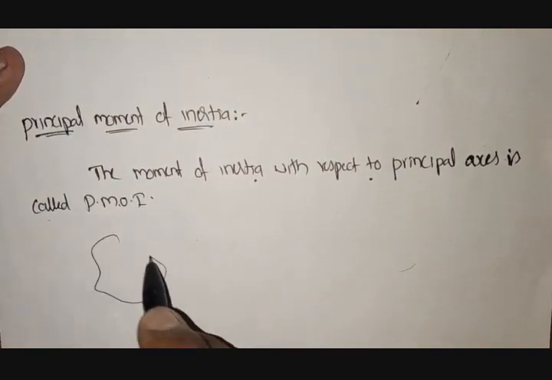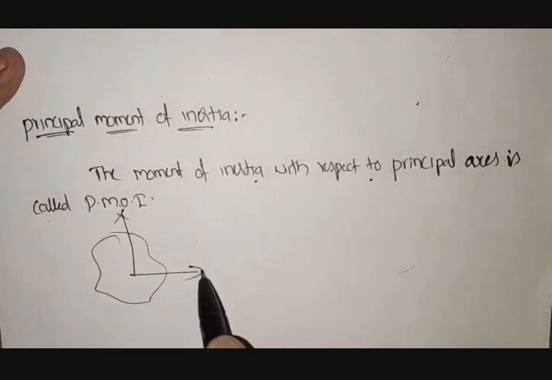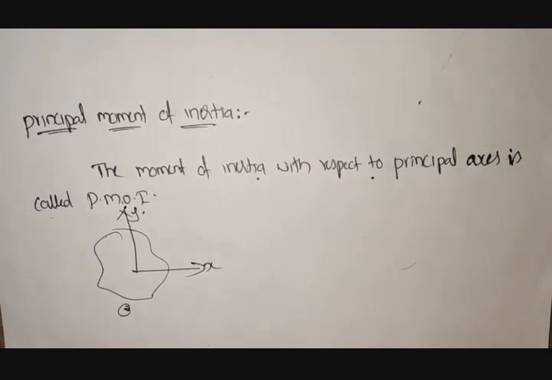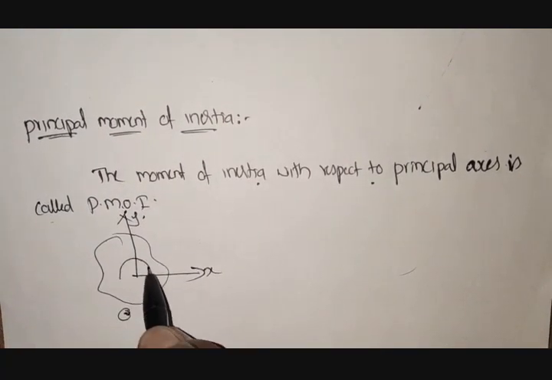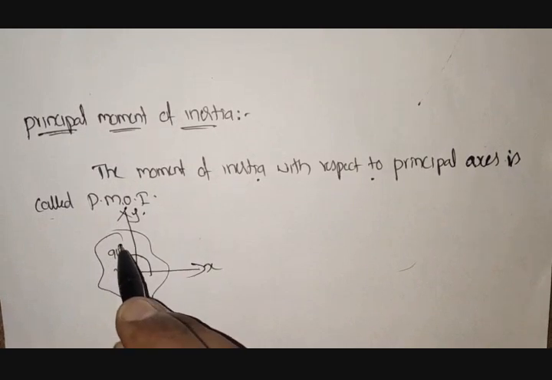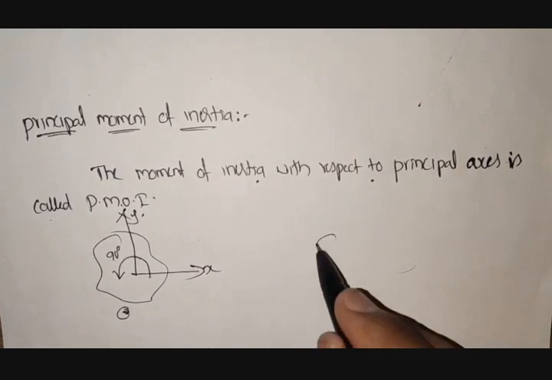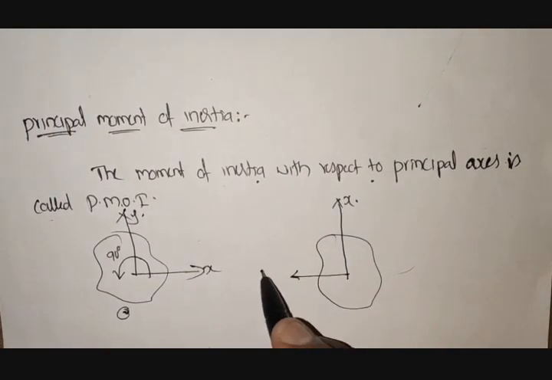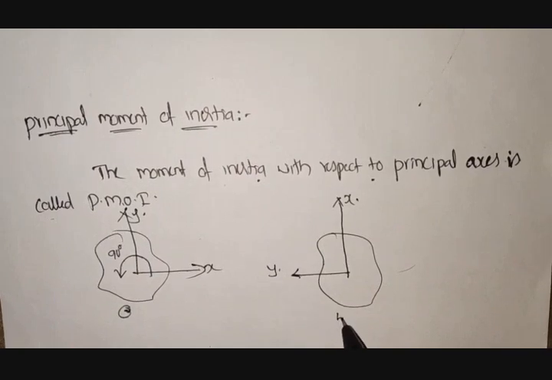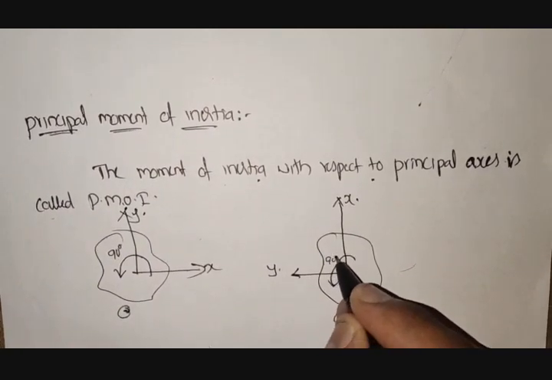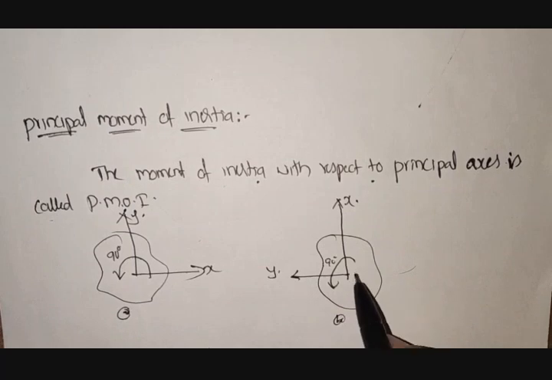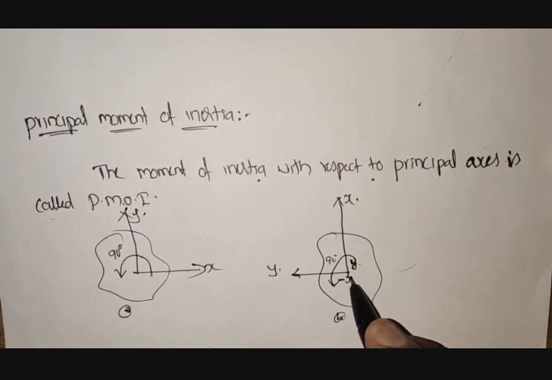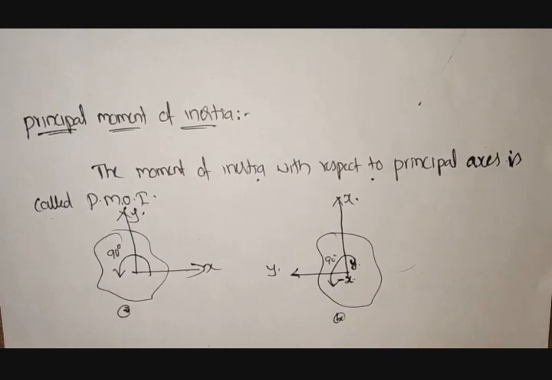The same x and y conditions I am going to take. This is the figure. Now I am going to rotate this figure by 90 degrees. If I rotate it, the x axis comes up here and the y axis comes up here. So it has rotated by 90 degrees. Then the y portion will be positive and the x will come in the negative x direction.